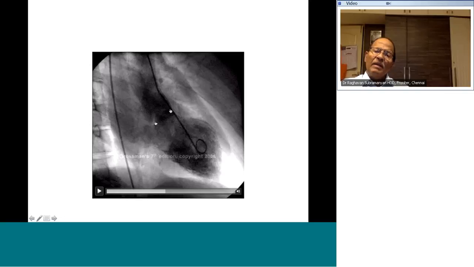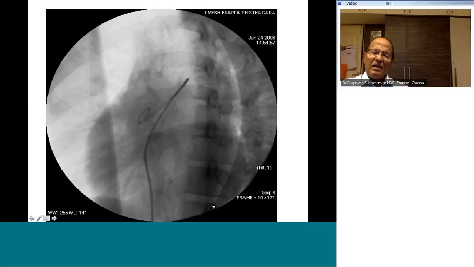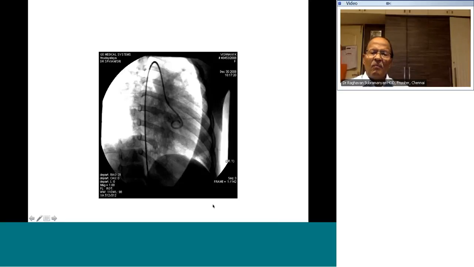And therefore the mitral valve, this portion of the septum is called the atrioventricular septum. The septum between the left ventricle and the right. Now, when you go to the next angio, just watch here.